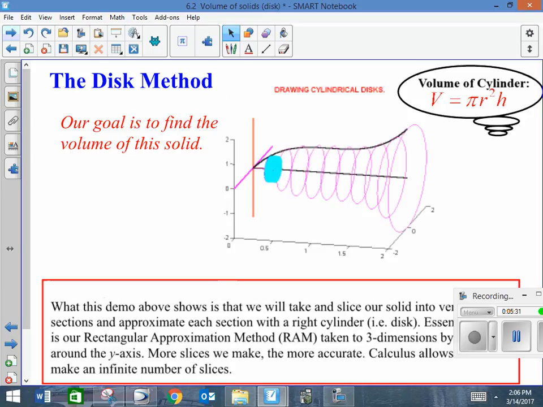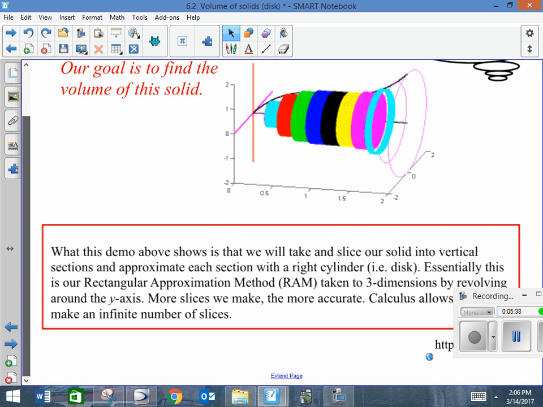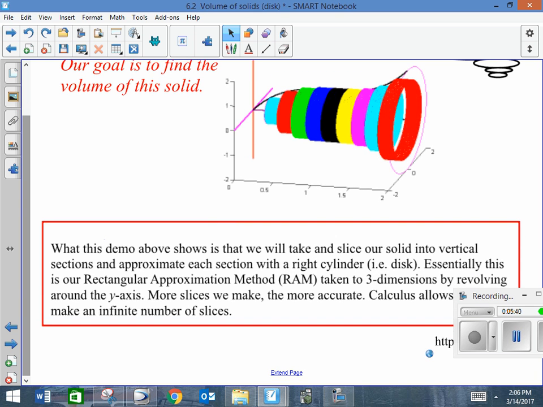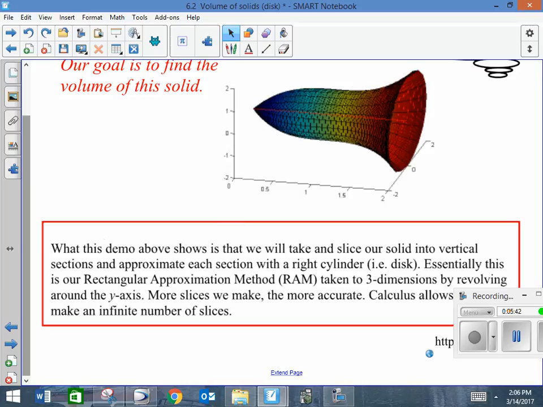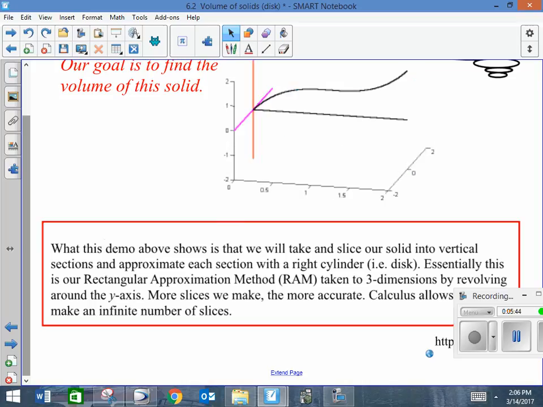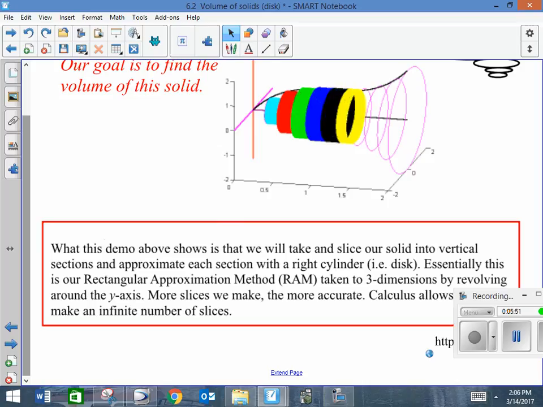It's like a ream of paper. Those are your discs, except they're not round. But anyway, these right here are the disc areas that we're going to be finding.